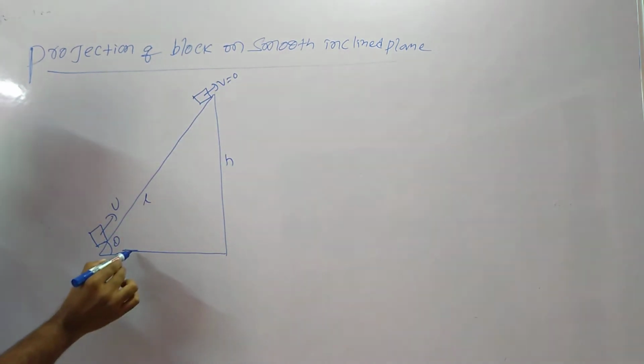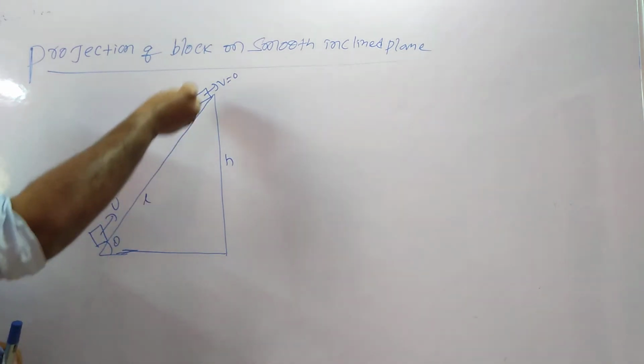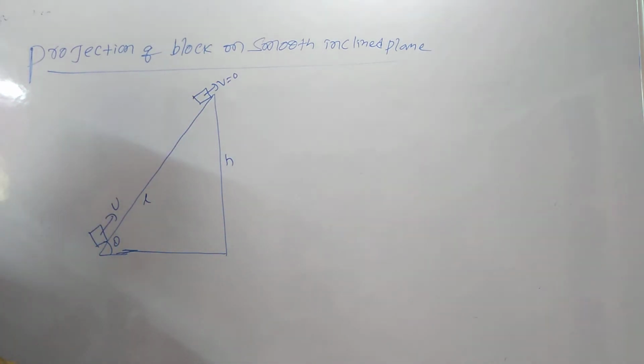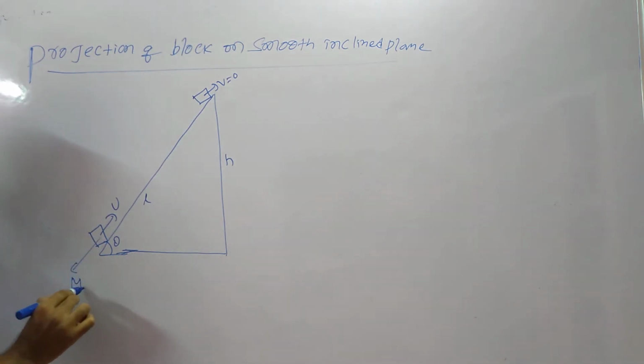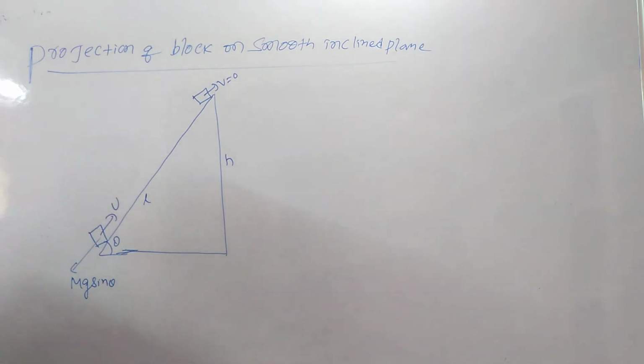Now, when the body is moving down, mg sin theta is here also. On this block, what are the forces? mg cos theta and mg sin theta. The normal reaction balances mg cos theta. mg sin theta is the unbalanced force.